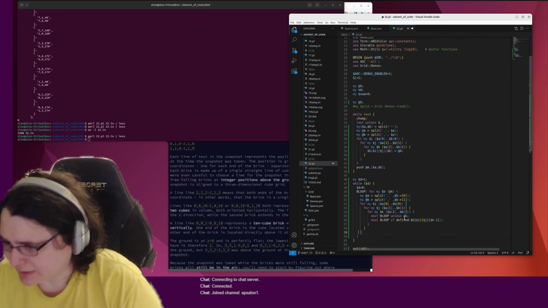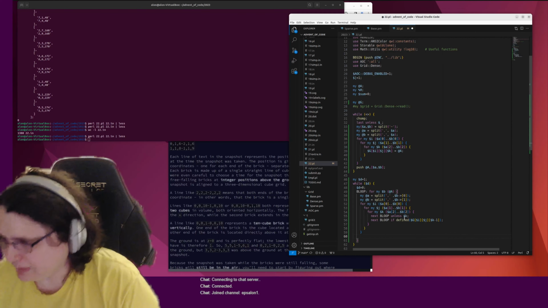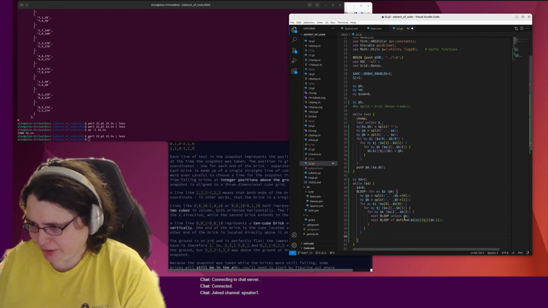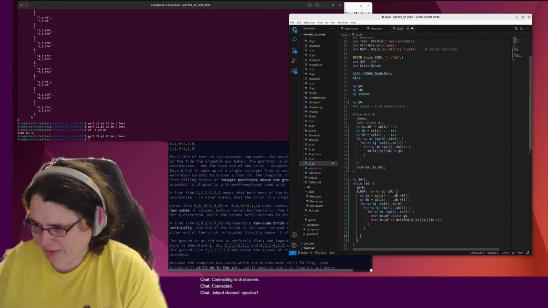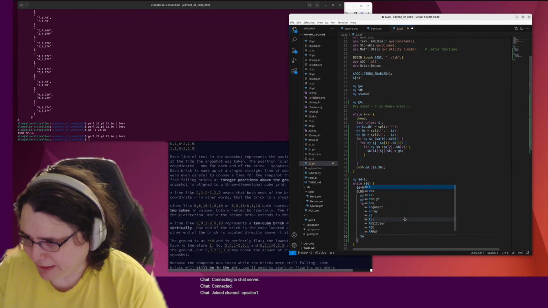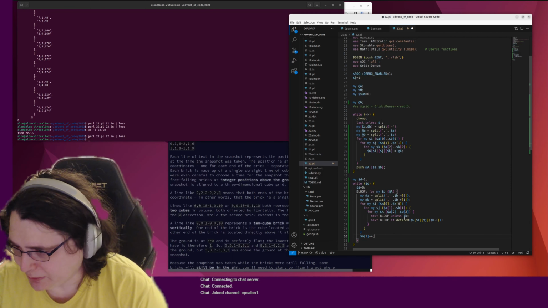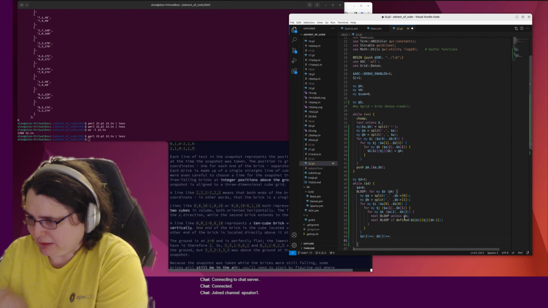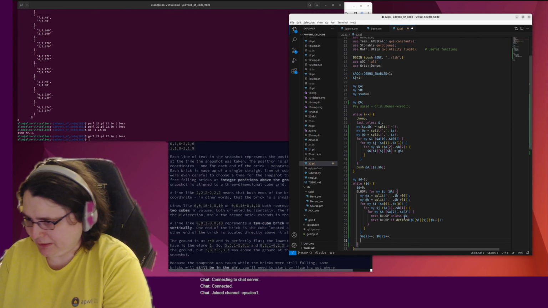Dropping the brick is as follows. What we need to do is as follows. We need to change the z coordinate of the brick. So a of 2 plus plus, b of 2 plus plus. And I need to put them back.